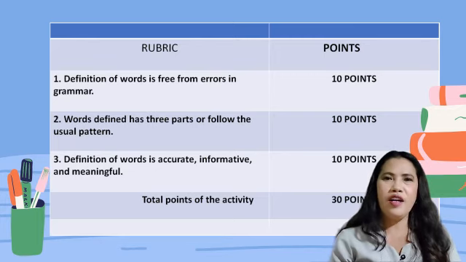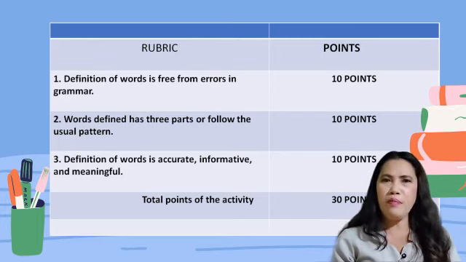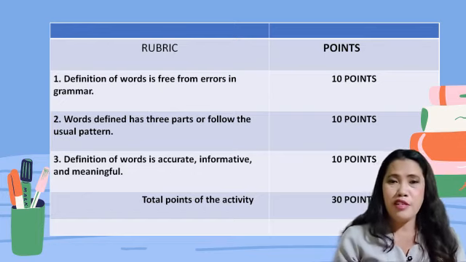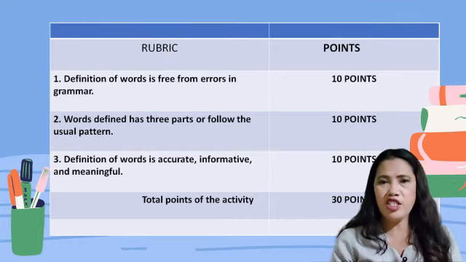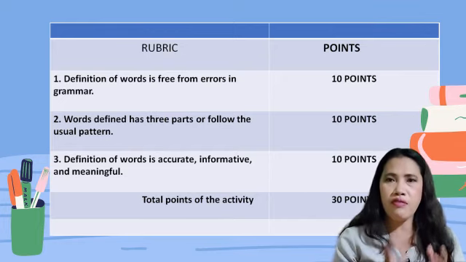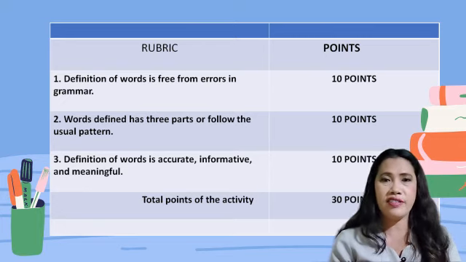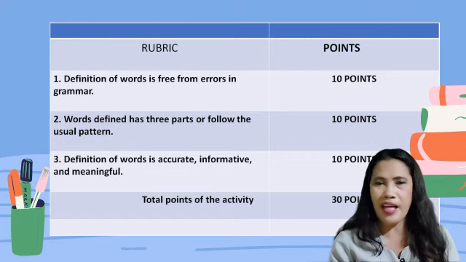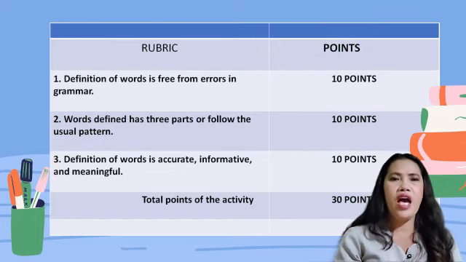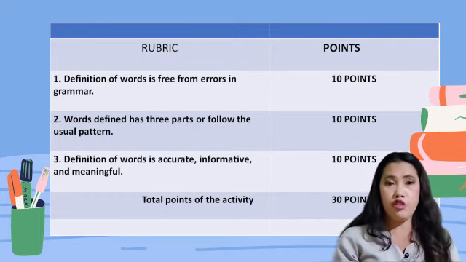Okay, so number 1 for our rubric. For 10 points, definition of words is free from errors in grammar. So make sure, class, that the definition that you will be giving is free of grammar errors. Number 2, words defined has 3 parts or follow the usual pattern.